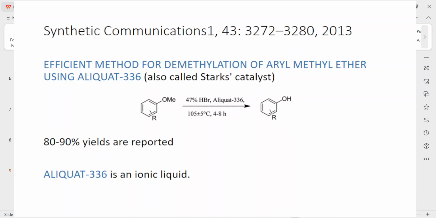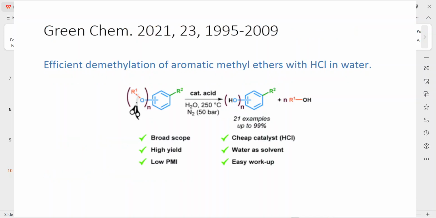The only drawback with HBr is that since HBr is a gas and the temperature being used here is 105 degrees, over a period of time the HBr keeps escaping from the reaction, and it is quite possible that the reaction slows down or stalls towards the end. So maybe more HBr will be required to be added to the reaction towards the end.